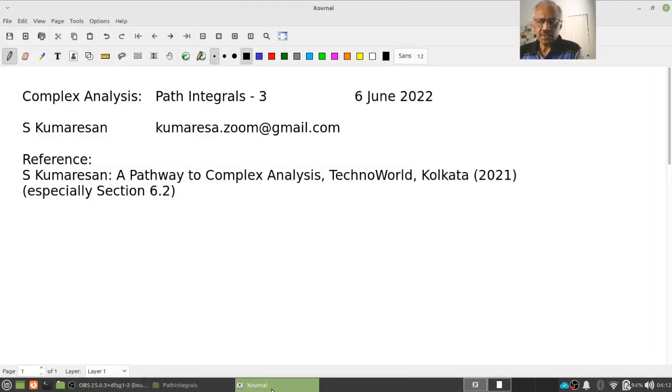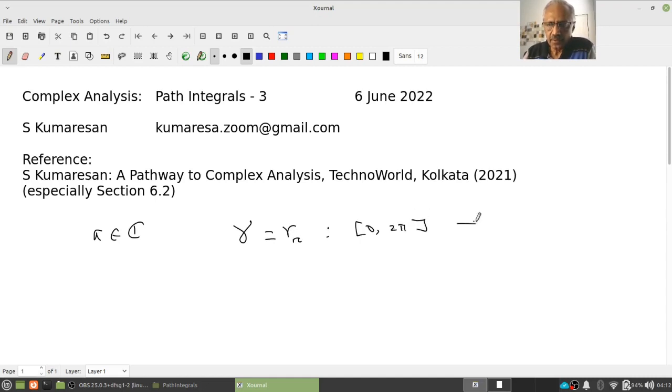The integral which I want to talk about is the following. Suppose I have a complex number a, and let me look at gamma to be gamma r, from 0 to 2 pi to C, so that gamma of t is a plus r e to the power i t, for t between 0 and 2 pi.